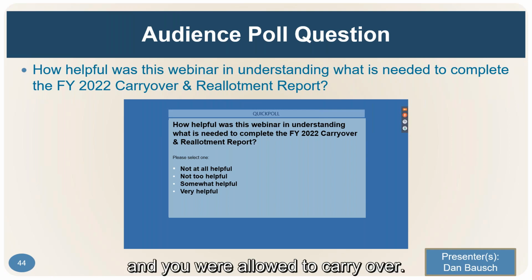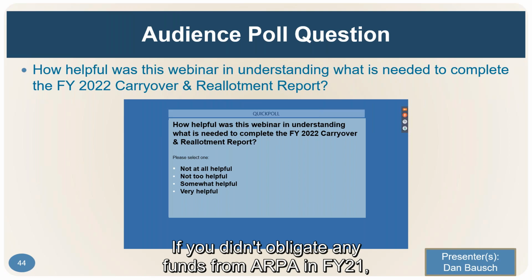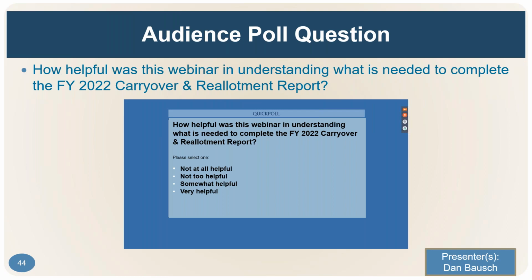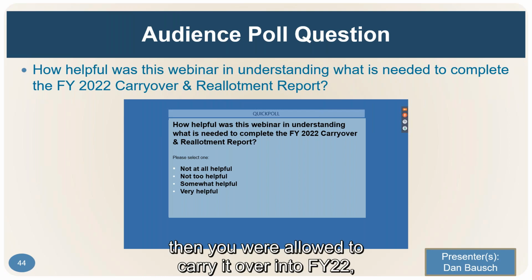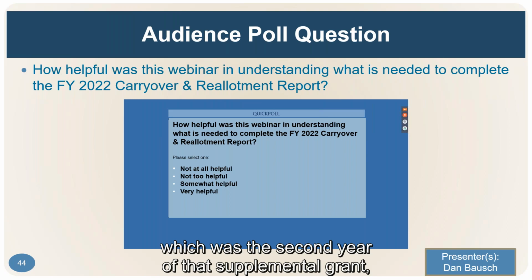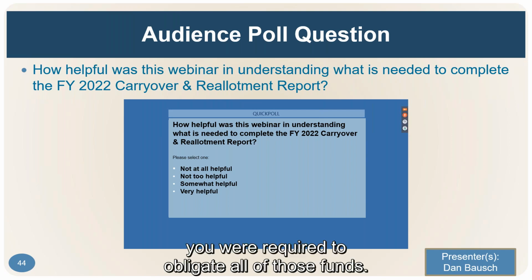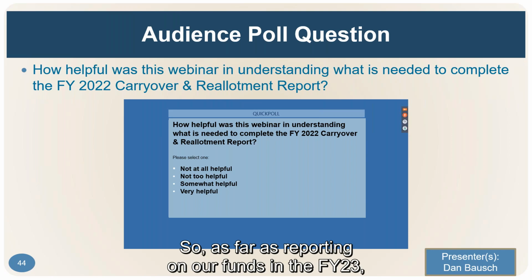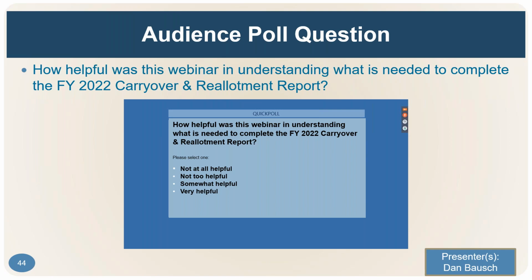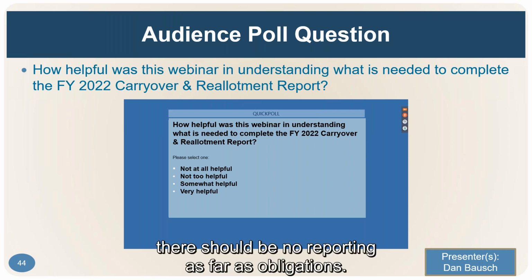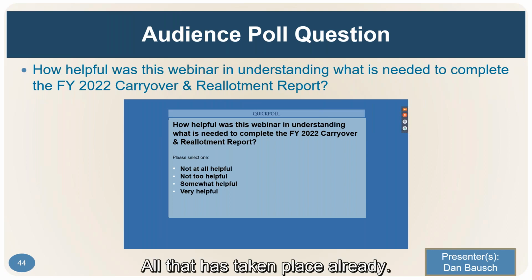If you didn't obligate any funds from ARPA in FY21, you were allowed to carry it over into FY22, which was the second year of that supplemental grant. And then at the end of FY22, you were required to obligate all of those funds. So as far as reporting on ARP funds in FY23, there should be no reporting as far as obligations. All that has taken place already.